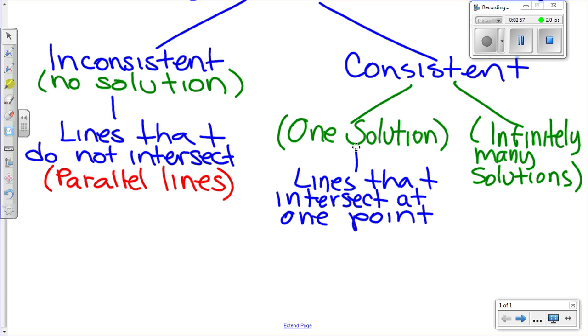Now let's talk about the ones with infinitely many solutions. And so those systems, when I say they have infinitely many solutions, those solutions need to come from the points that belong to the line, okay? And the reason we have so many of those is because we're talking about lines that overlap.